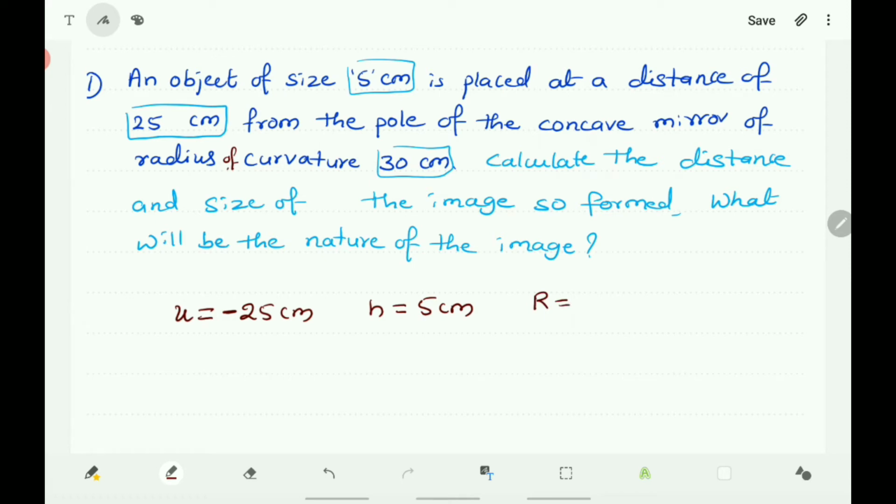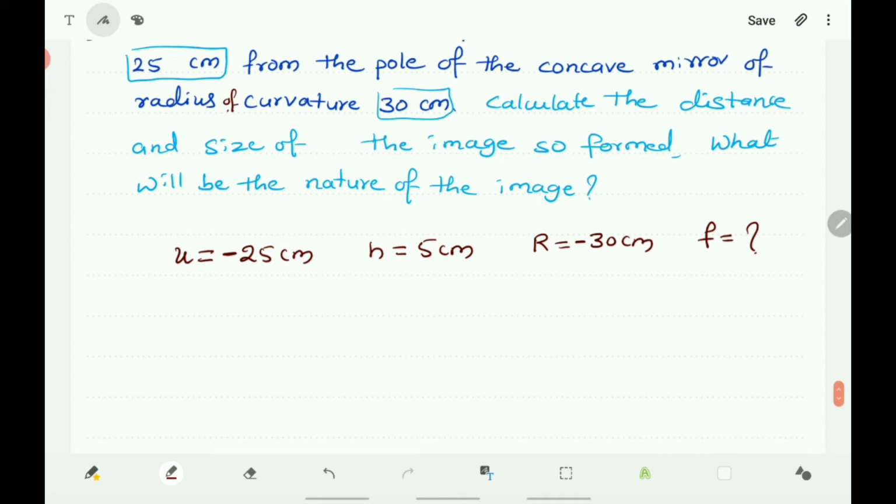You know that the radius of curvature for concave mirror is taken as negative, so you write it as minus 30 centimeter. Here f is not given, f you will get, and then image distance v we have to find out, and size of the image h dash we have to find out. v is equal to question mark, h dash is equal to question mark.